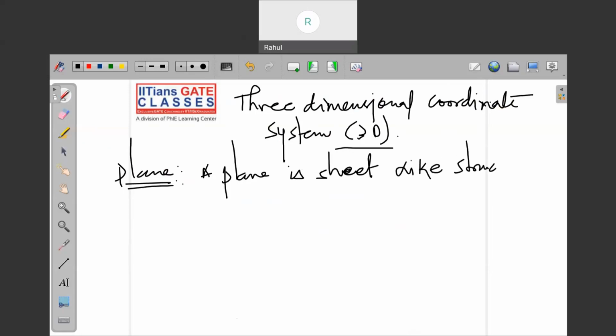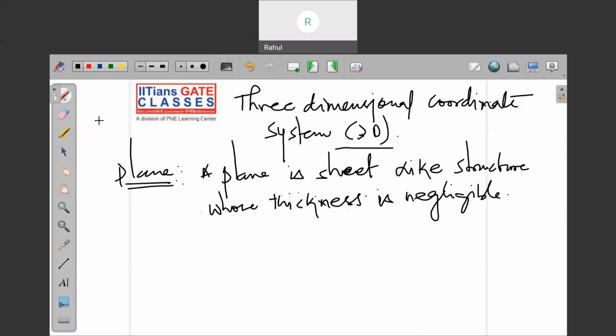Whose thickness is negligible. So what is a plane? A plane is basically a sheet-like structure.